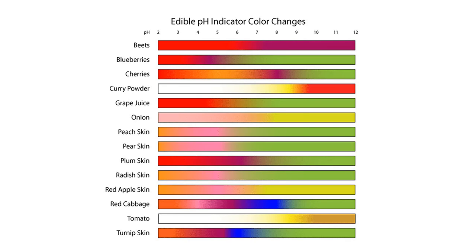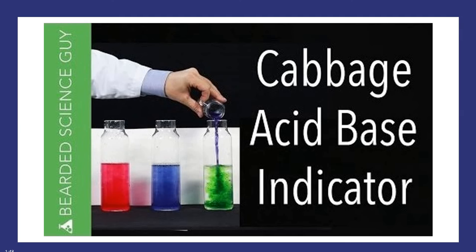Okay, so the lab that you're going to see is based off of using cabbage, red cabbage specifically, as an indicator. You are quite welcome to try this at home with permission from your parents, of course. There's really not much to it if you're just using the cabbage.